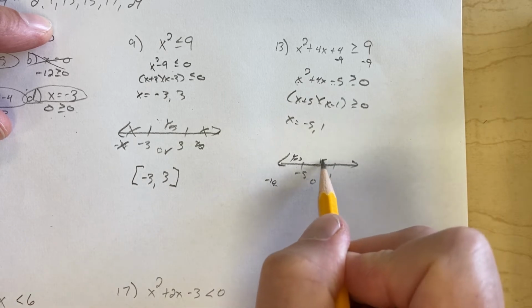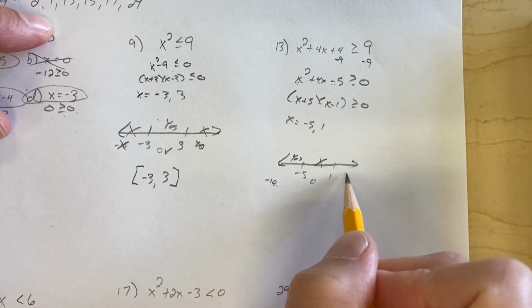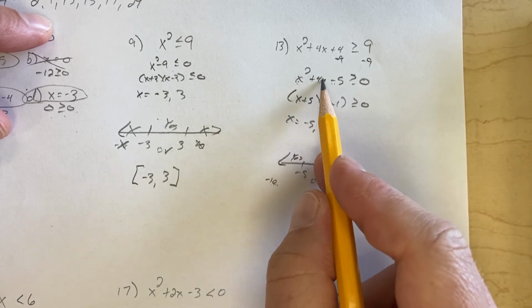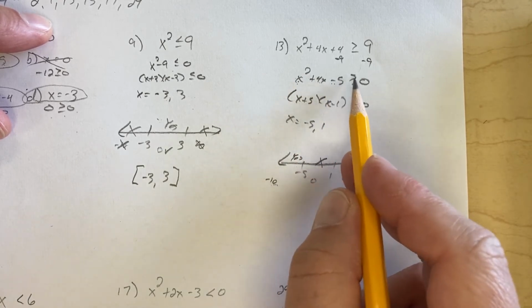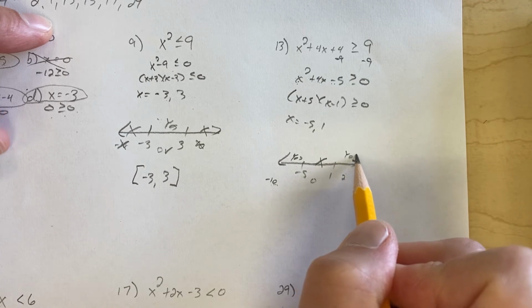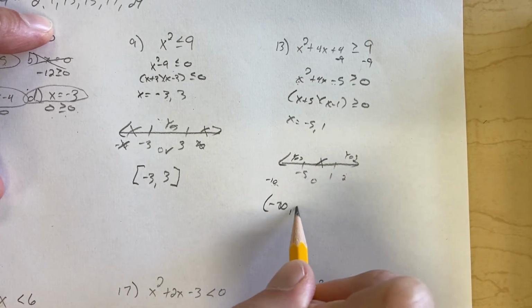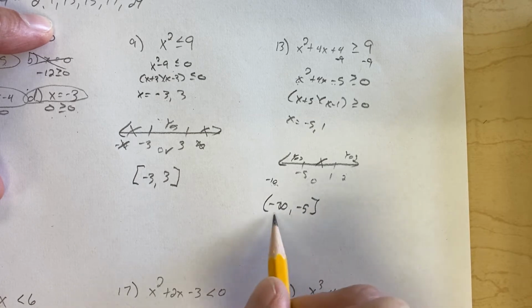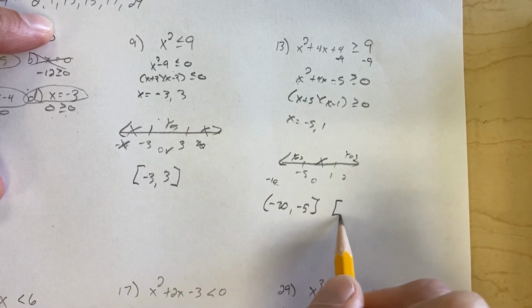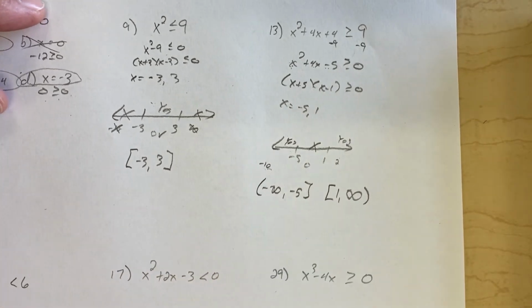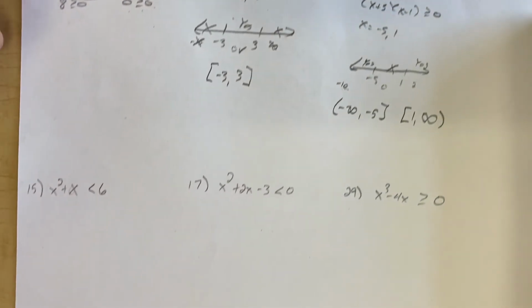This does not work in here. And if I pick something bigger than 1, say 2. 2 squared is 4, plus 8 is 12, minus 5 is 7. That is greater than 0. Yes, this worked. So numbers before negative 5, so from negative infinity to negative 5, and then from 1 to positive infinity. Looks like those are my intervals that work for that.